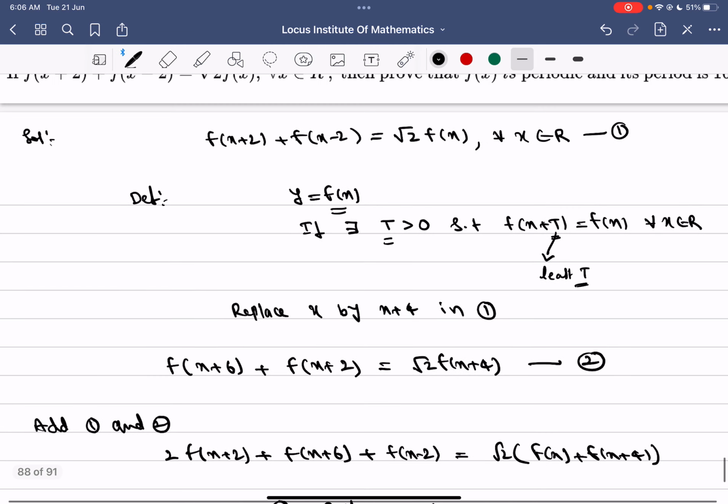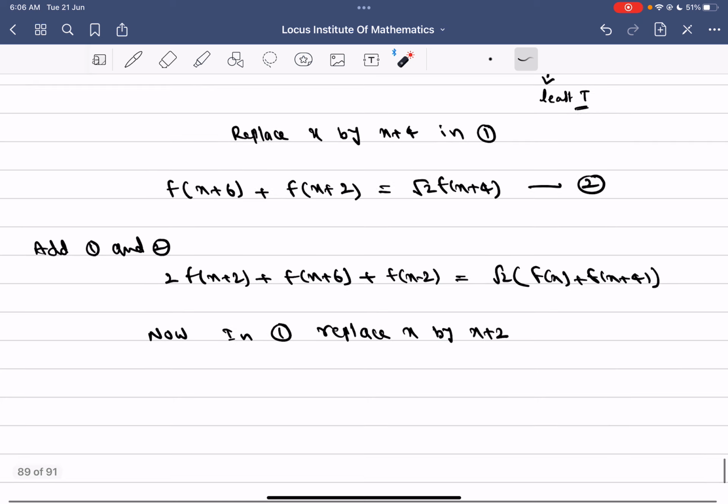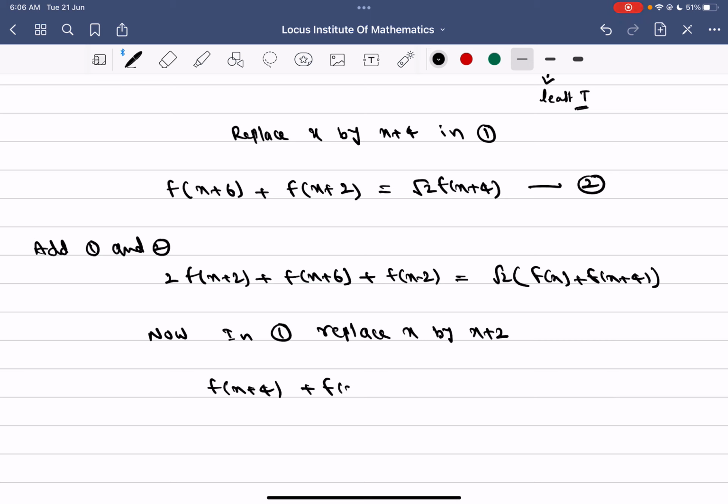If you replace in the first relation x by x plus 2, then what you get here? f of x plus 4 plus f of x is equal to root 2 times f of x plus 2.